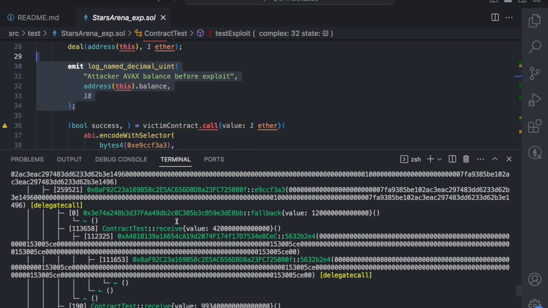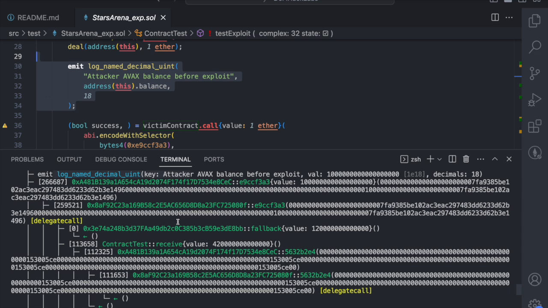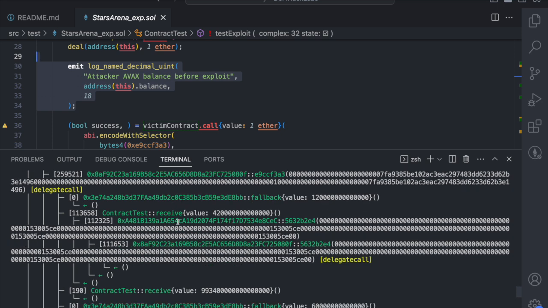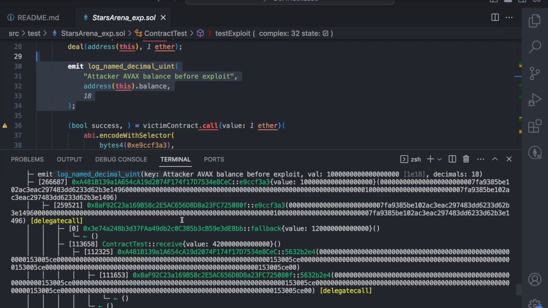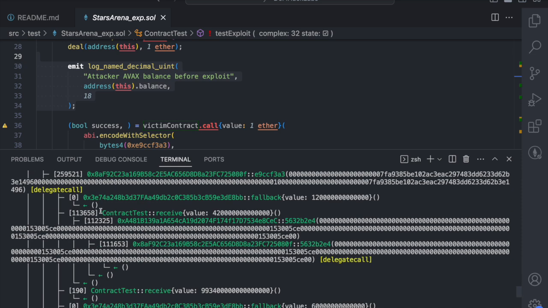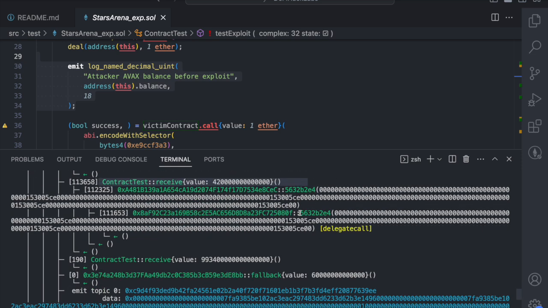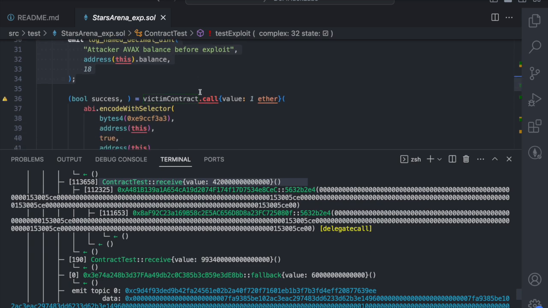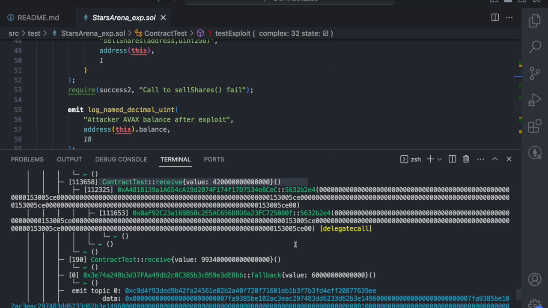You see some type of function call is happening, which sends about one AVAX to the victim contract. Then you see our contract actually does receive something here. This is where the exploit starts.